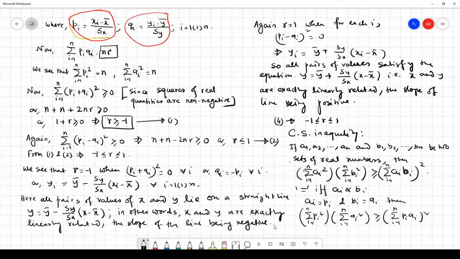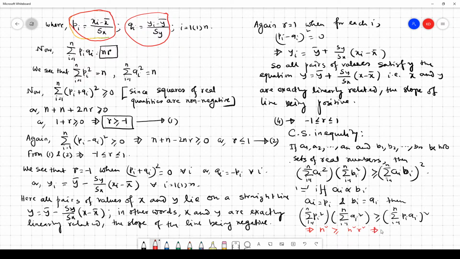Okay, so this implies summation pi square is equal to n. Similarly, summation qi square is again n. So the left hand side is n square and the right hand side is n square into r square.